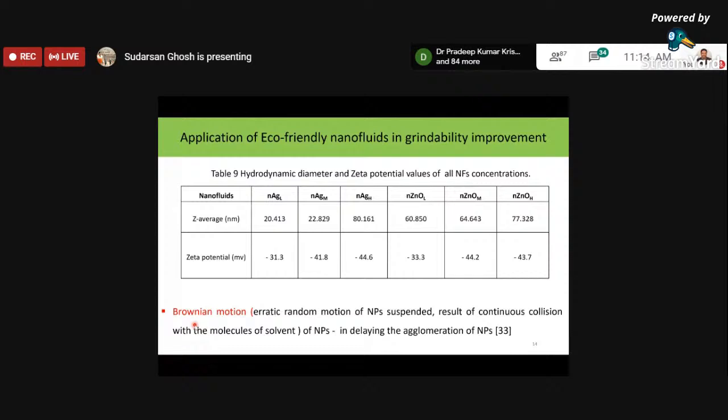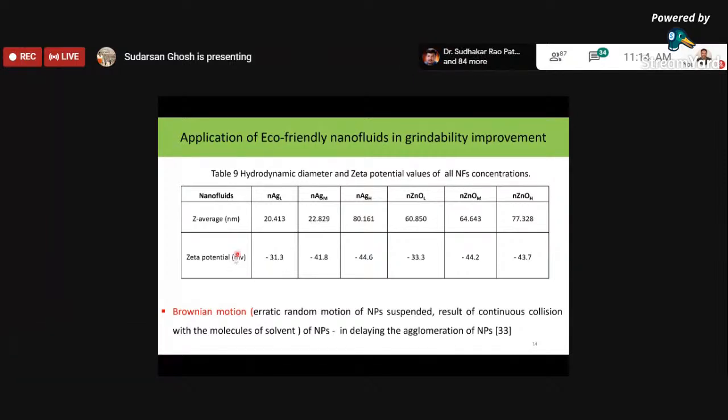So that is why we cannot afford to have the agglomeration of the nanoparticles, and for that we have to maintain a proper Brownian motion. And again, this proper Brownian motion is governed by the zeta potential.